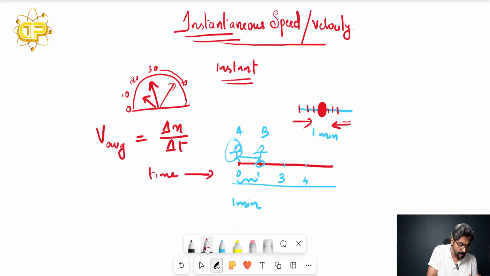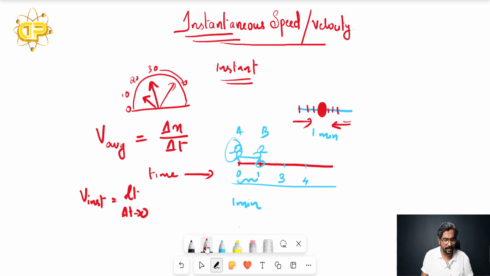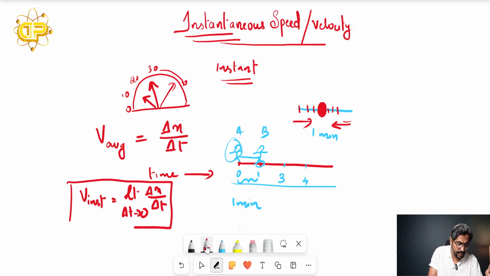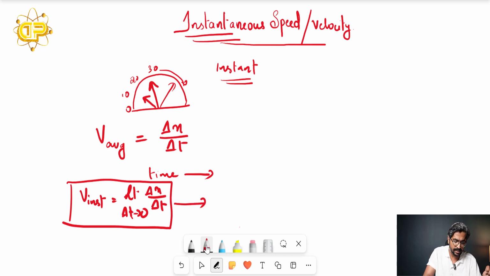Simply saying, v instant, or speed instant, is given by the limit as delta t tends to 0 of delta x by delta t, which is dx by dt.